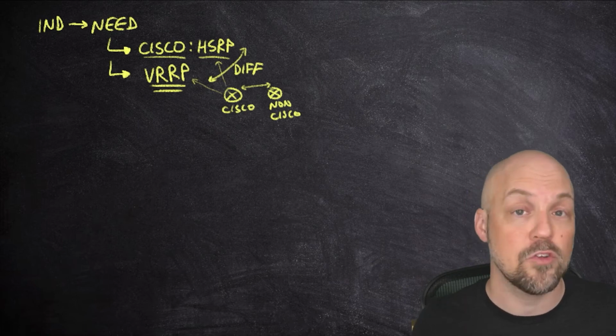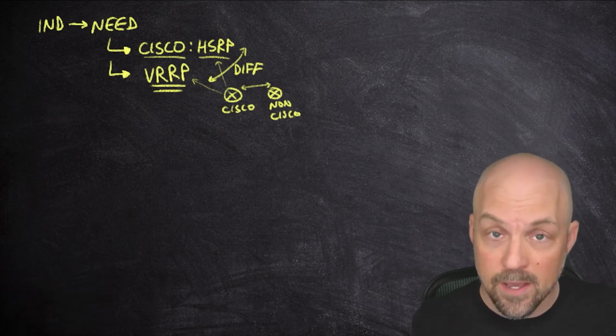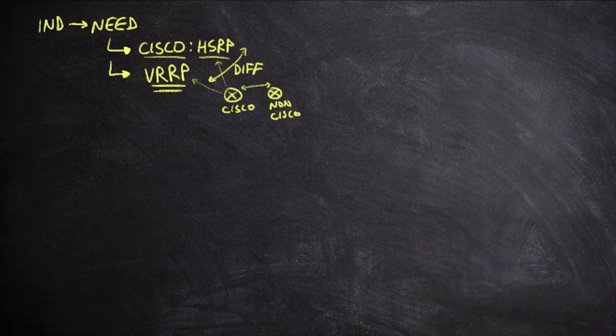But naturally, we also need to know and understand VRRP in order to be complete network engineers, because guess what? There's going to be a day where we have to support either this topology or just flat out a non-Cisco network that is running VRRP instead of HSRP.